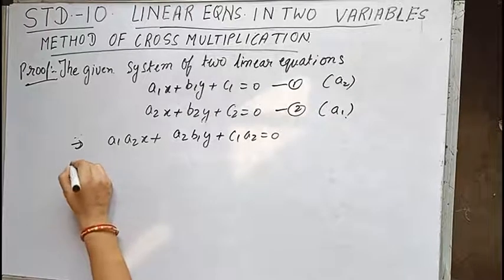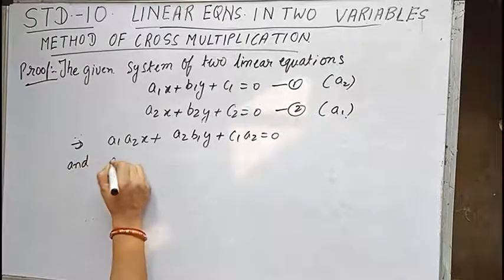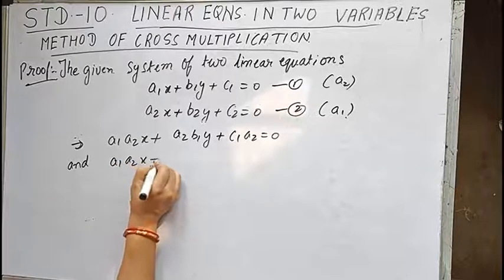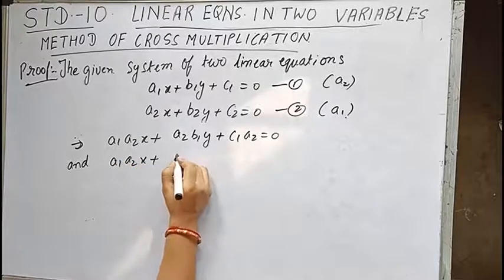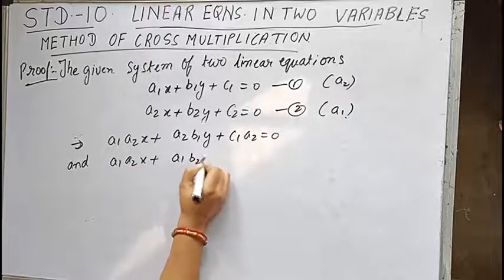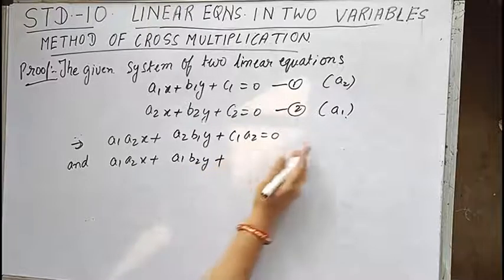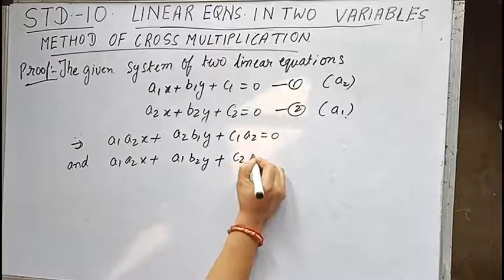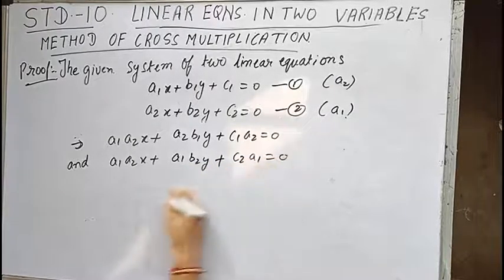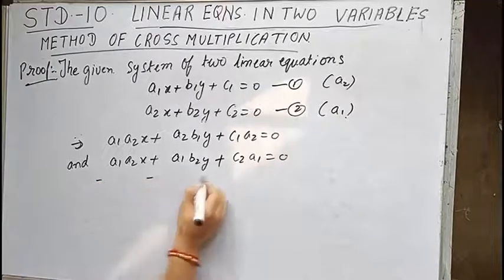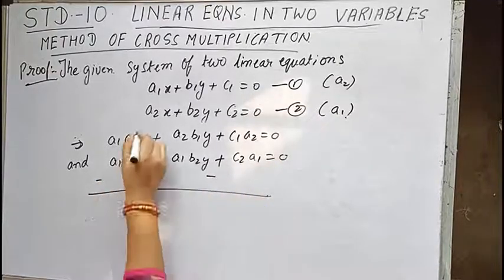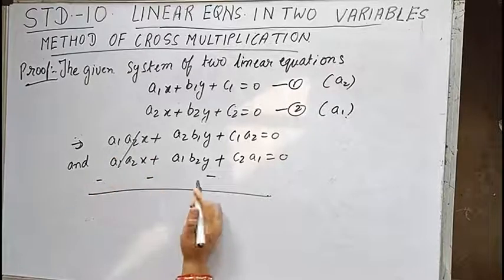Now the second equation: a1 a2 x plus a1 b2 y plus c2 a1 equals 0. Now subtraction, we will make the x coefficient cancel, the x term cancelled.